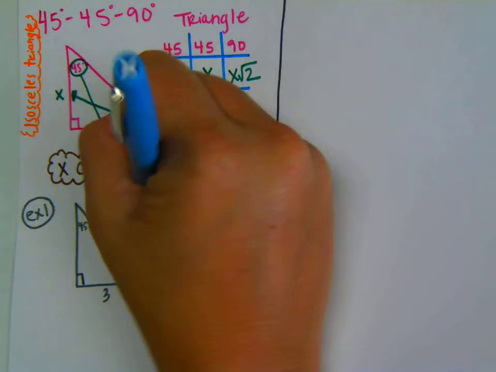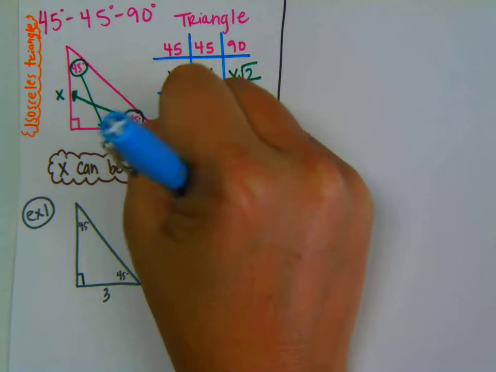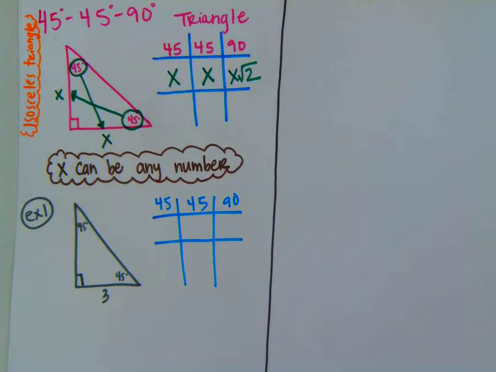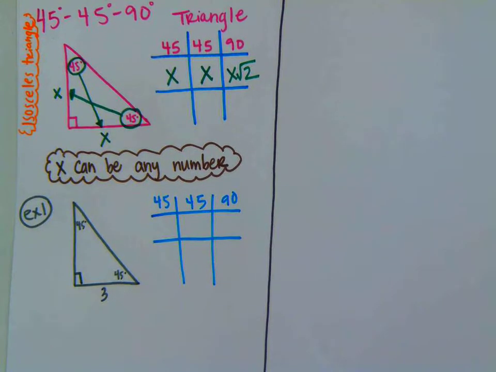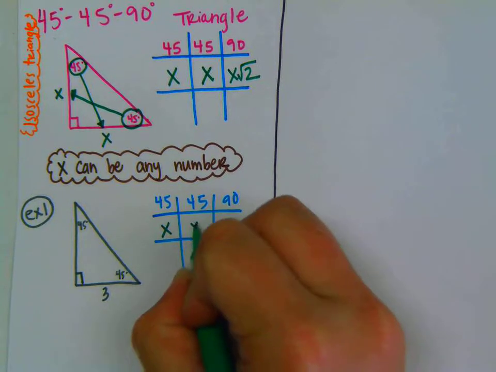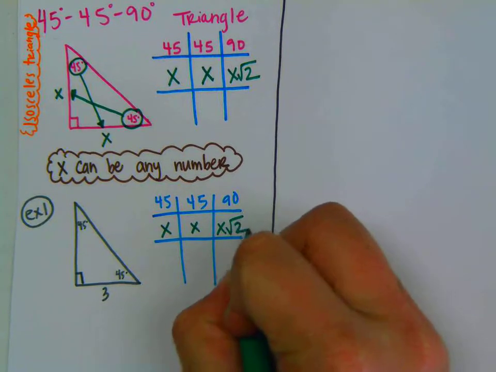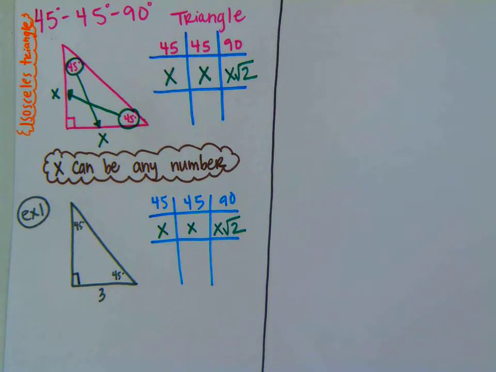We have 45, 45, 90, and that second row stays the same. It's always going to be x, x, x root 2 when we're working with 45, 45, 90 triangles. So that second row is going to be that. That third row is when we're going to actually put in values.